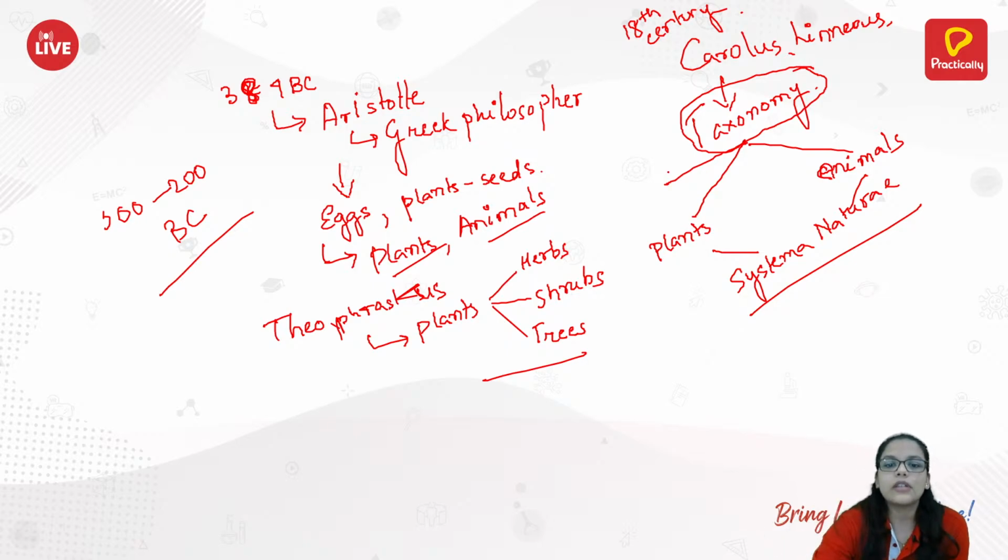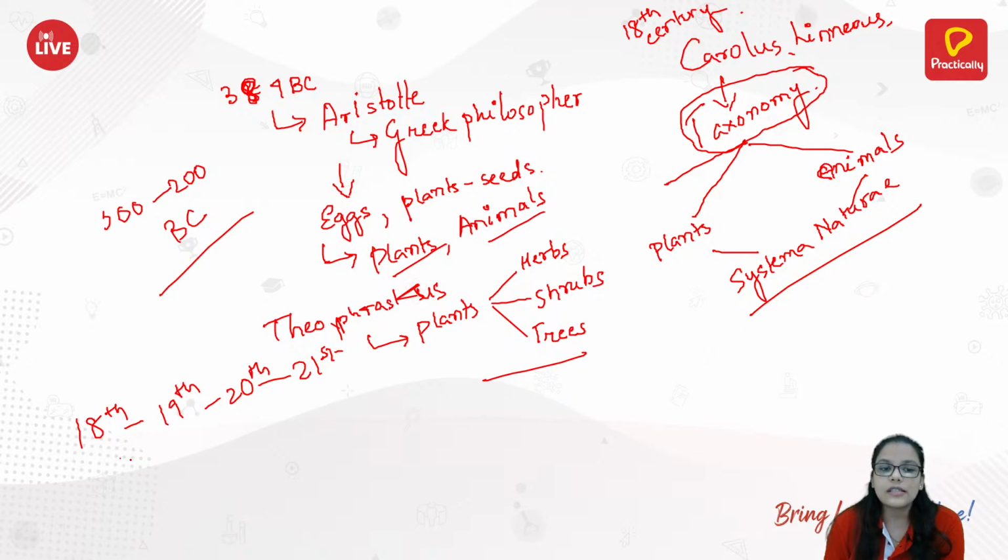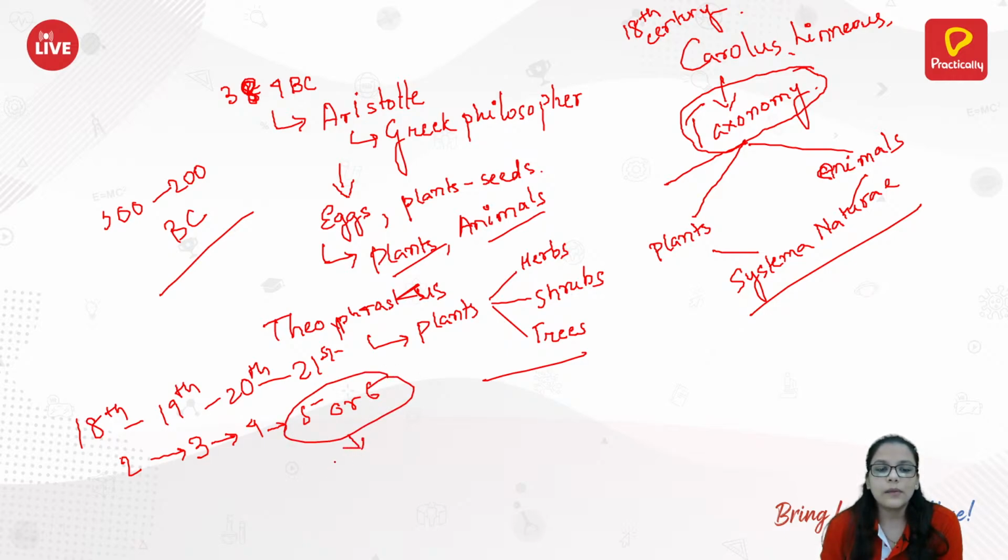Years after years, 18th century to 19th to 20th, 21st, people started giving 3. He started with 2, then people said 3, then 4, and then 5. Now, there are actually 5 or 6 kingdoms given by R.H. Whittaker.